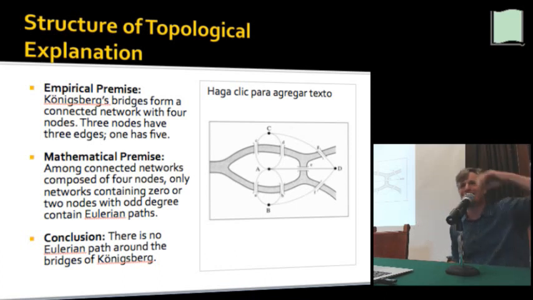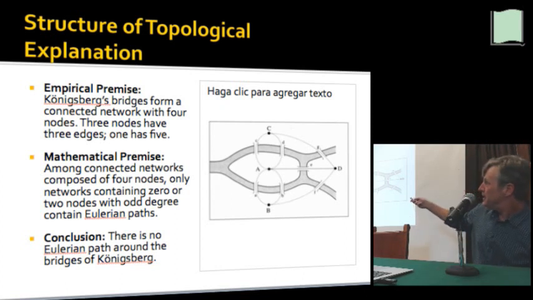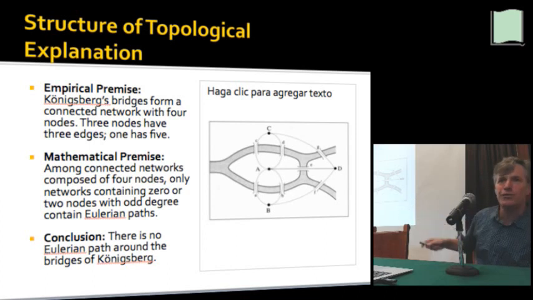We could start with the same empirical premise we had before, that Königsberg's bridges form a connected network with 4 nodes. And we add the empirical premise that Marta walks an Eulerian path through the town. Then we use the same mathematical premise that we used before, that among connected networks composed of 4 nodes, only networks containing 0 or 2 nodes with odd degree also contain an Eulerian path.